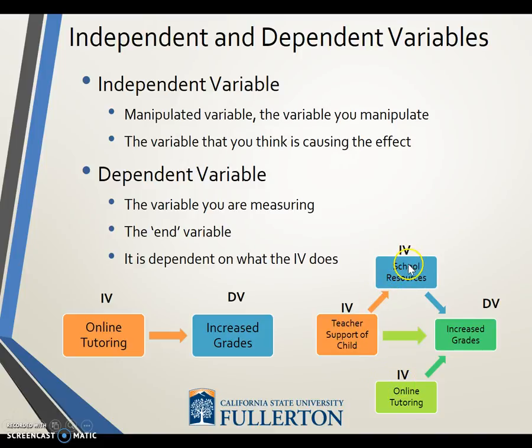They can all vary, and if you were manipulating them yourself, they would be independent variables. And then dependent variable is the final measurement, and that's increased grades. So that's just some definitional things that will come up many times in the class. So be sure you get that down, read the examples in the text as well for independent and dependent variables.